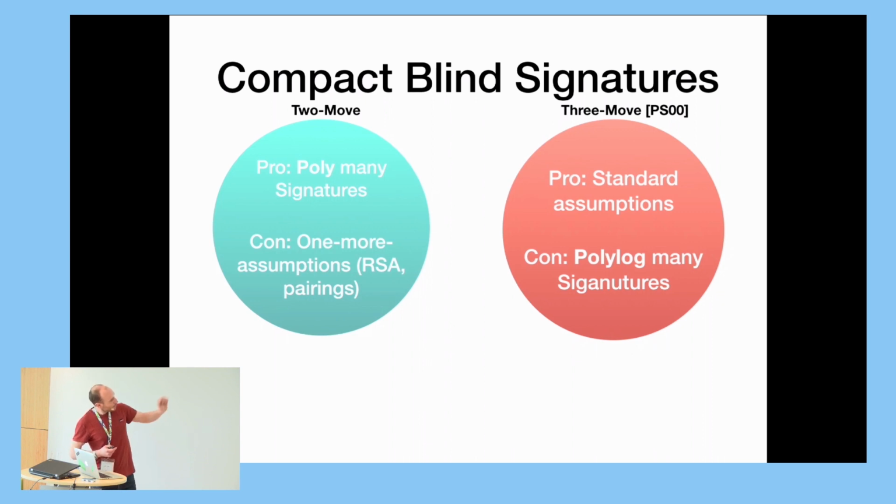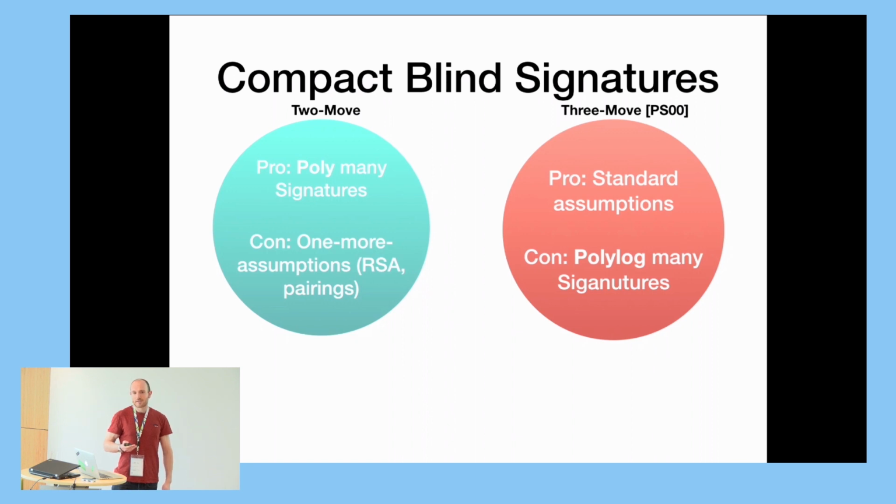On the right-hand side, we have these three-move blind signature schemes, so there will be three interactions between signer and user, so they're a bit less efficient. But on the positive side, they follow from standard assumptions, such as RSA, factoring, and DLOG. On the downside, however, and this is much more of a caveat than the three moves, they only allow for a polylogarithmic number of signatures to be issued per public key, and after this they become insecure.